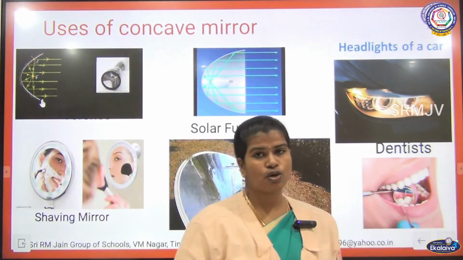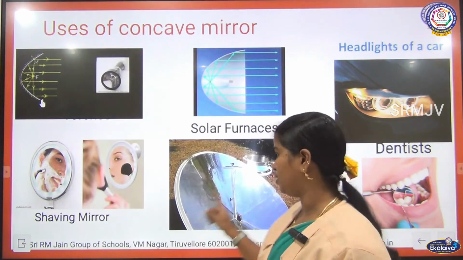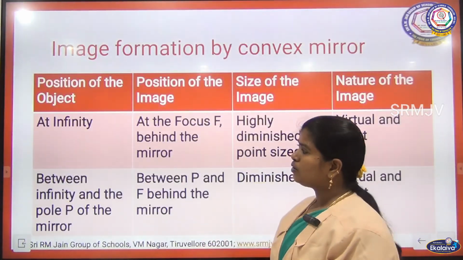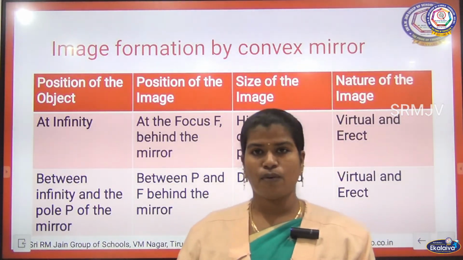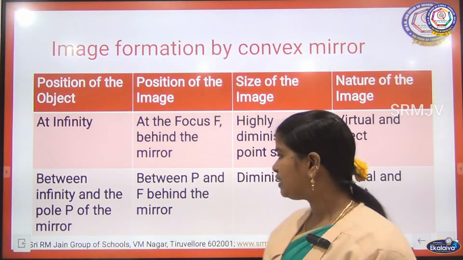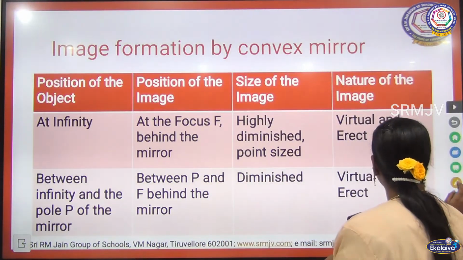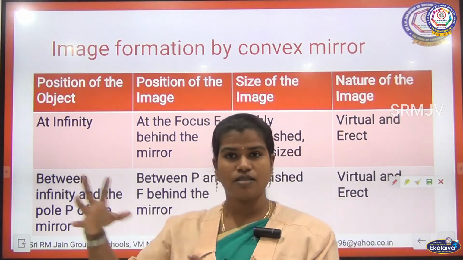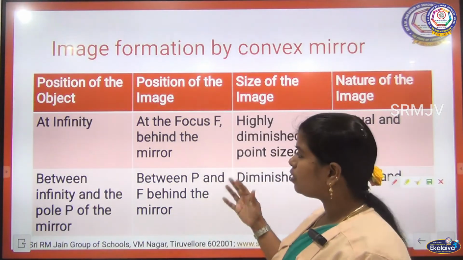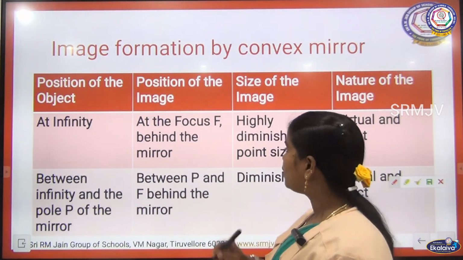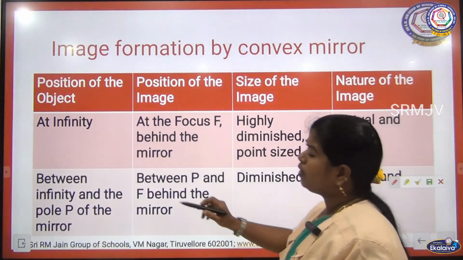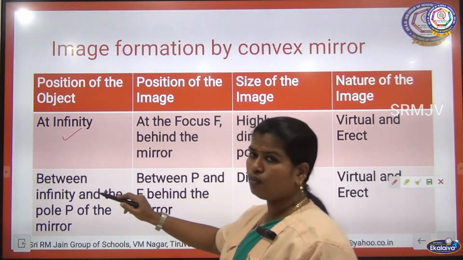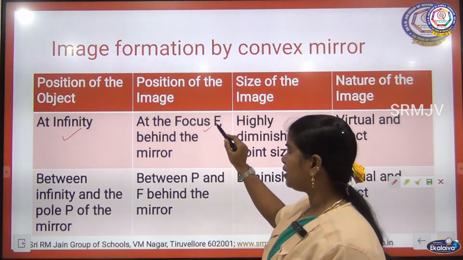Now we will be switching on to the convex mirror. Convex mirror image formation is very simple. In case of the concave mirror we discussed 6 different positions of the object. Here it is very simple, because if the object is at infinity, the image will be formed at the focus.